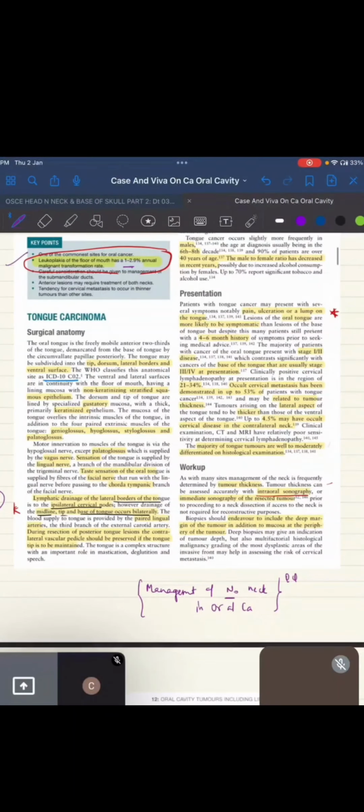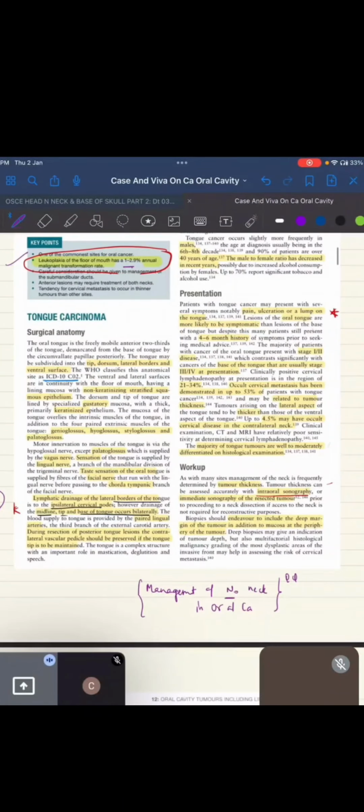When neck nodes came positive, therapeutic neck dissection was done. They found that mortality was much higher in the therapeutic neck dissection group, in whom it was done later, and survivability was poor. So that's why this was formulated.